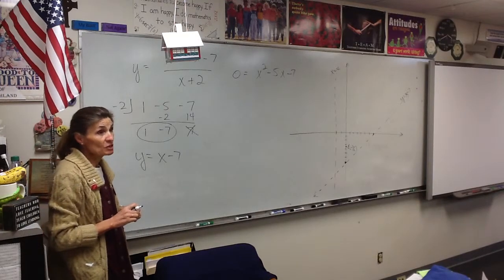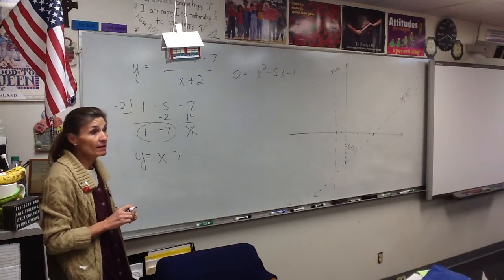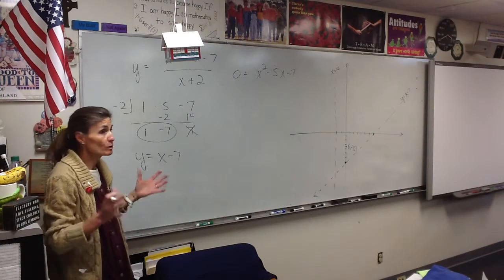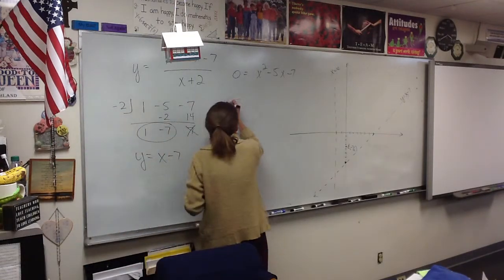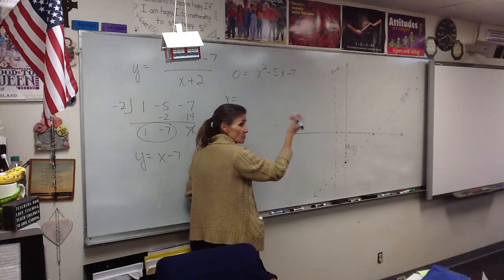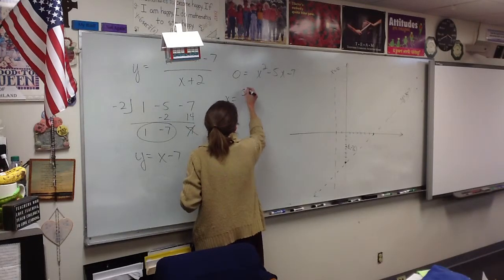If it comes out imaginary, as soon as you see that the discriminant's negative, the part under the radical's negative, you can stop. But this one's not going to be. This one's going to be positive. So we need to solve this one out because we need to know where to put the dots.